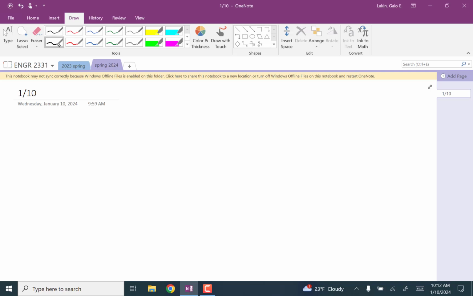In D-form, none of it is calculus related. It's just all matrices and stuff. So mathematical preliminaries. Matrix math.